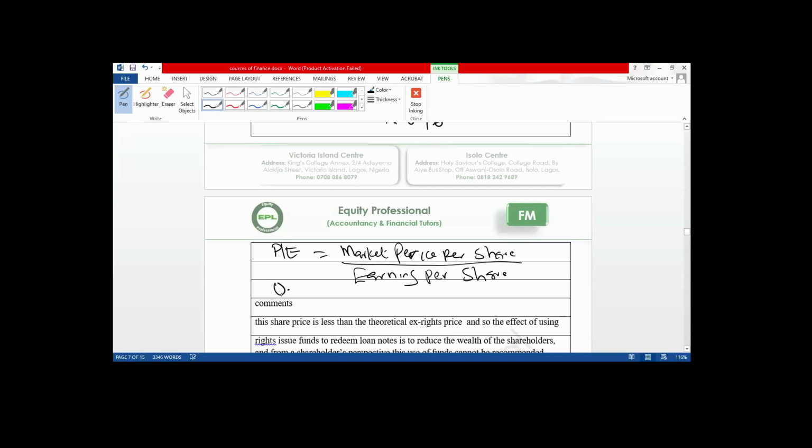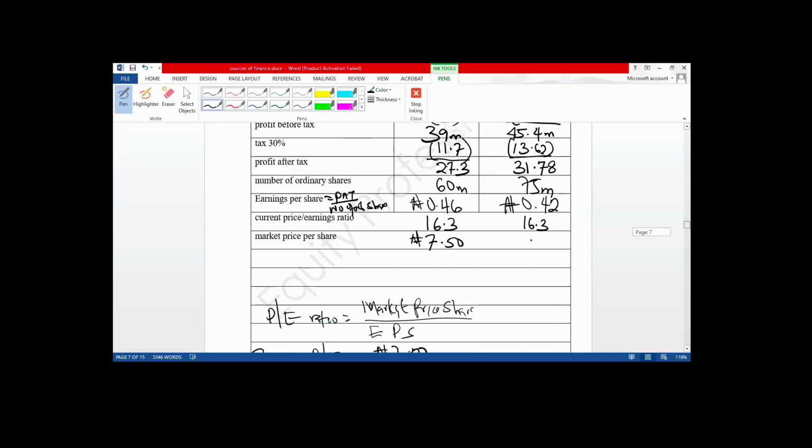No, this ratio will remain 16.3. Market price per share, under revised, we don't know. Look at under revised. We don't know market price per share, but we know the earnings per share.